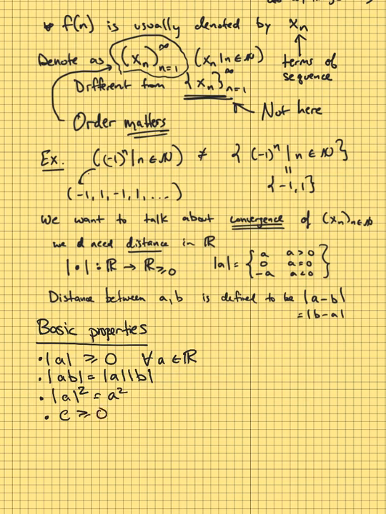If I take any positive number c, and the absolute value of a is less than or equal to c, then a is between minus c and c. In particular, minus the absolute value of a is a lower bound of a, and the absolute value of a is an upper bound, for all a in R.